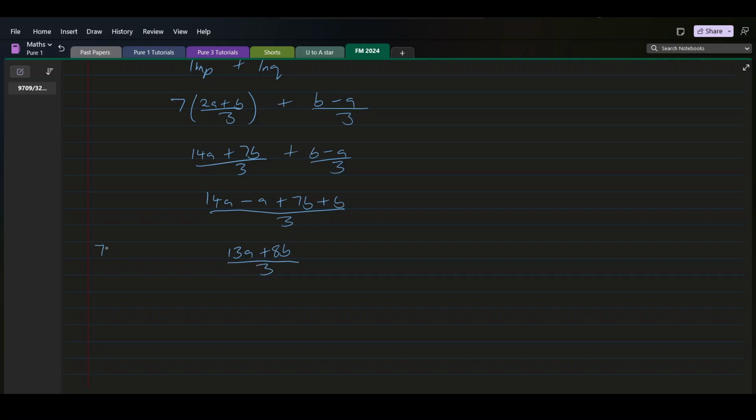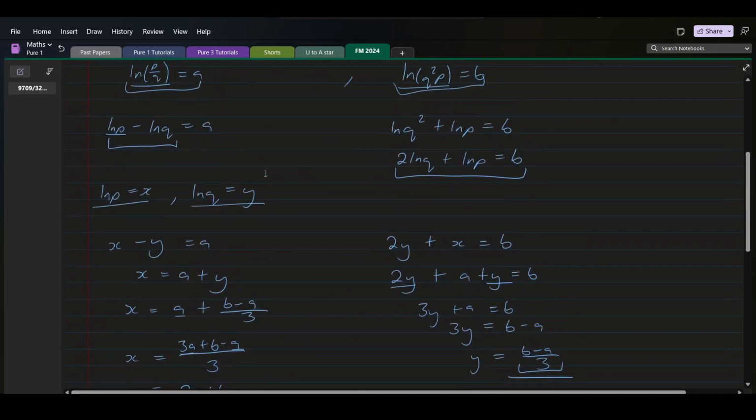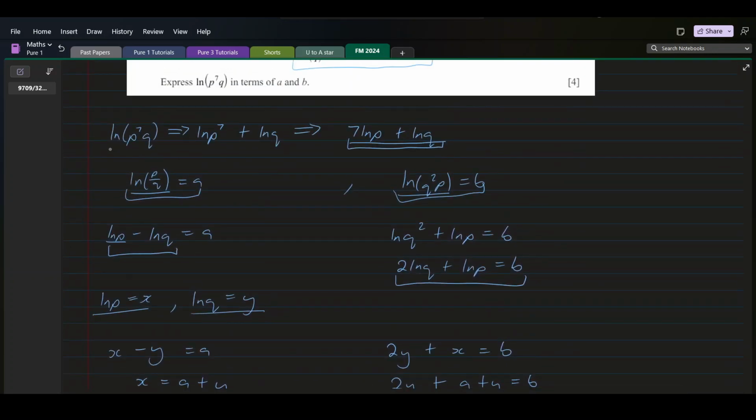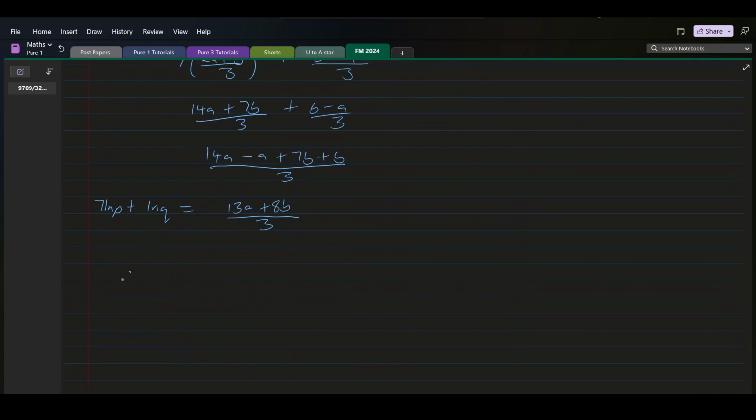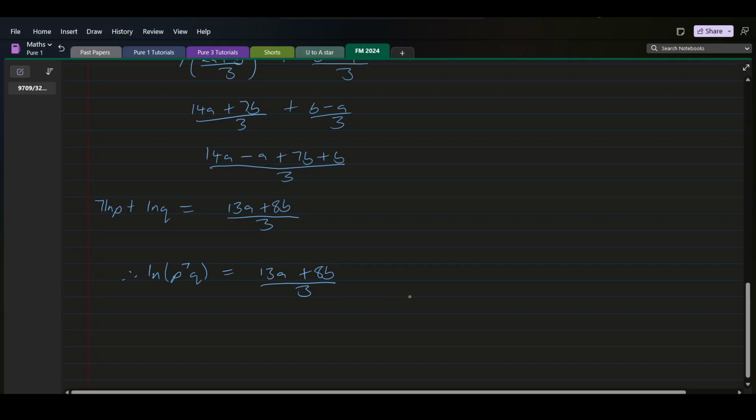So this was 7 ln p plus ln q, and this is equal to (13a plus 8b) over 3. And we showed at the very beginning that this is also the same as ln(p⁷q). So we can conclude that ln(p⁷q) is equal to (13a plus 8b) over 3, and this is our final answer.